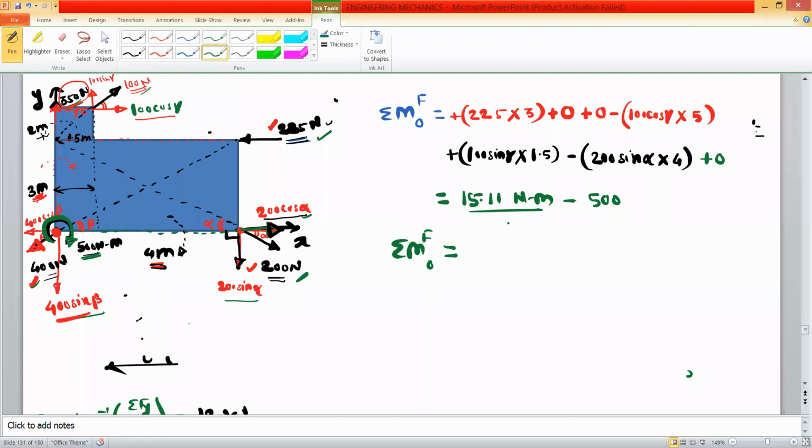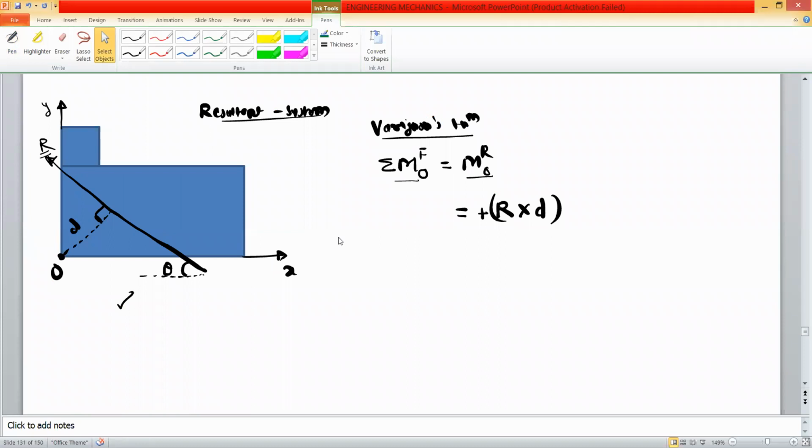So your answer is minus 484.89 Newton meter. So this is the summation of moment. Now equate this answer with the moment by the resultant about the same point. And from this equation, that is Varignon's equation, we will get the perpendicular distance d.